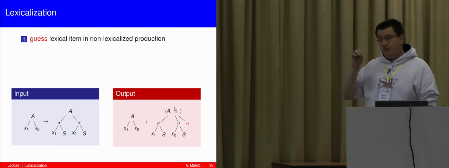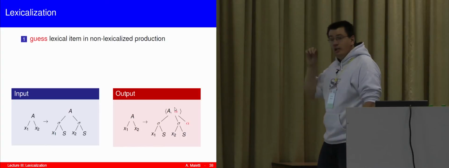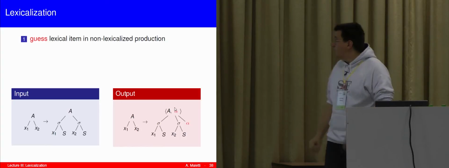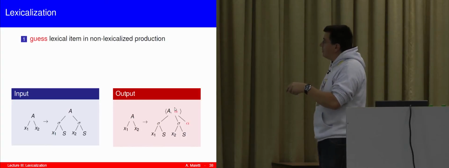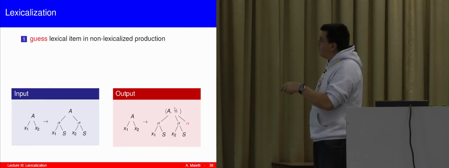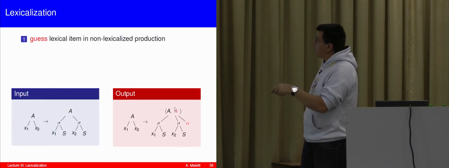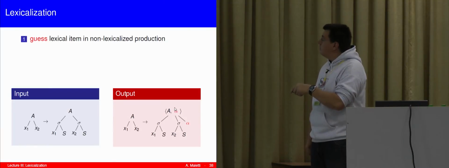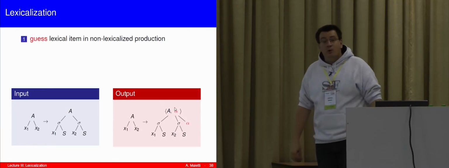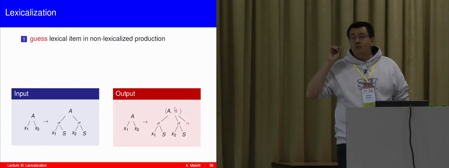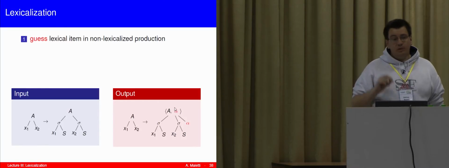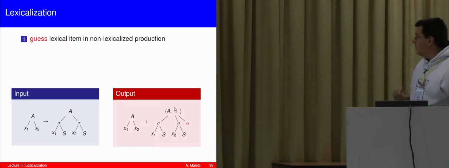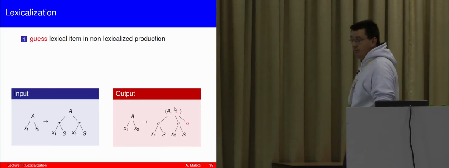So it stores in the non-terminal that it guessed an alpha. And then it adds a parameter, so this guy will have as many parameters, or the same rank as this guy, plus 1. And in this additional subtree, you'll put the lexical item that you guessed. So in this case, alpha. Otherwise, the rest remains the same.